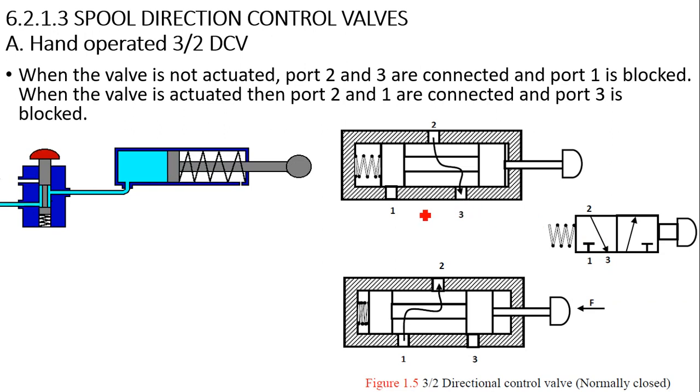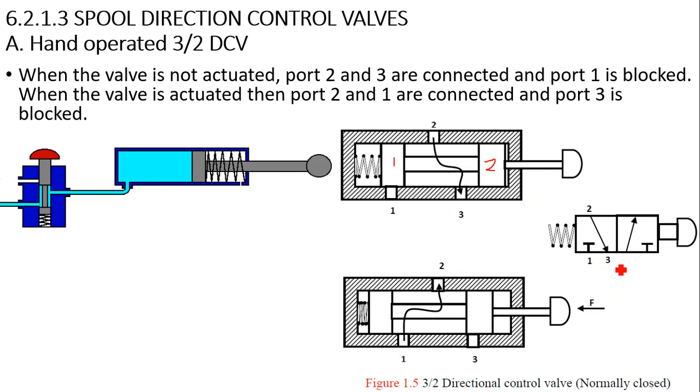Now if I push this button, what will happen? The spring over here will be compressed and the spool uncovers port 1. This spool 1 and this spool 2: spool 1 will uncover port 1 and spool 2 will cover port 3.